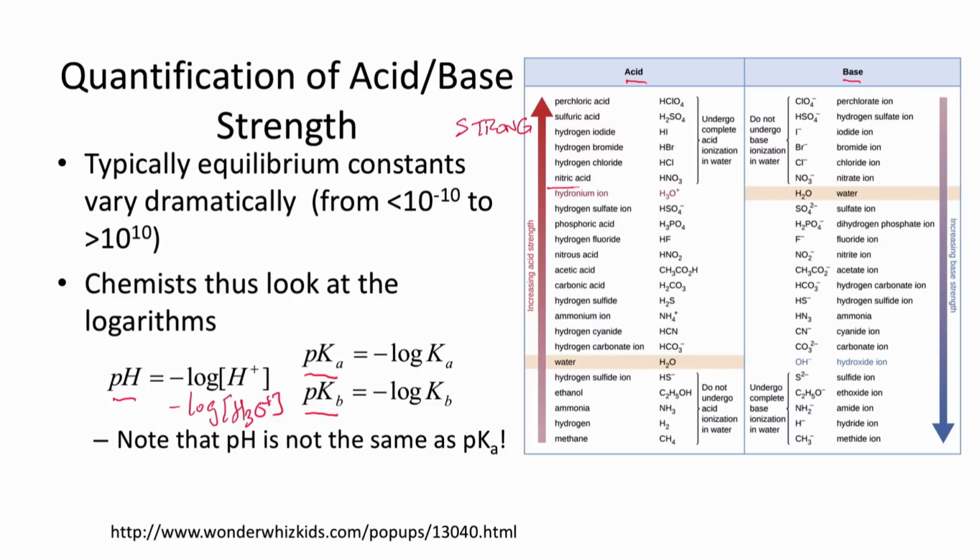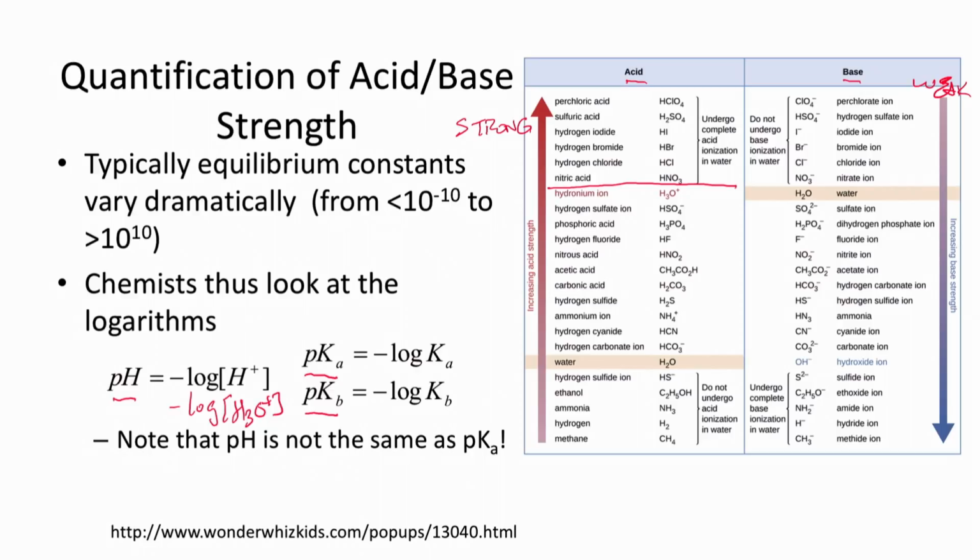These will completely dissociate in water. There's an inverse relationship between the strength of the acid and the strength of the conjugate base. So even though perchloric acid is a super strong acid, the ClO4 minus ion, the perchlorate ion, is going to be a very, very weak conjugate base. The stronger the acid, the weaker the conjugate base.